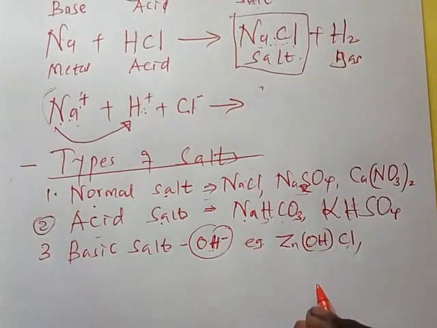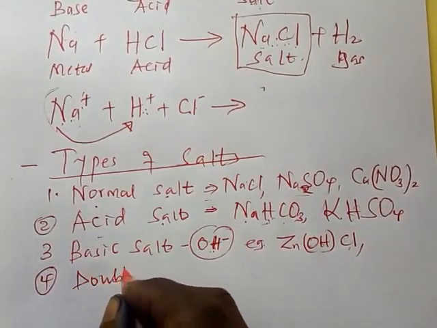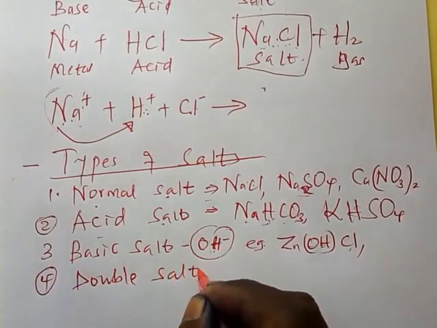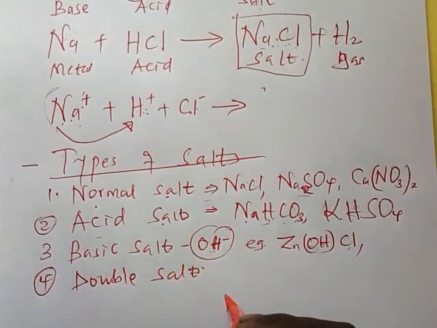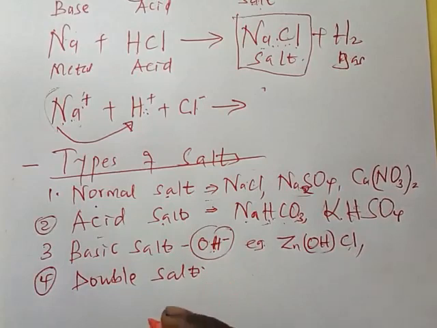That's one example. And then last, number 4 is the double salt. A double salt is a salt in which there are two different cations and anions. One salt can have two cations in it and two different anions in it.